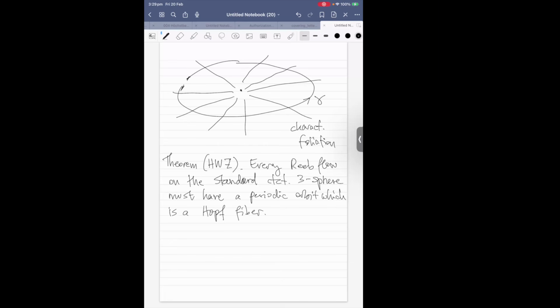So in other words, a Hopf fiber is part of the minimal dynamical structure that a Hopf flow in the tight 3 sphere must have.